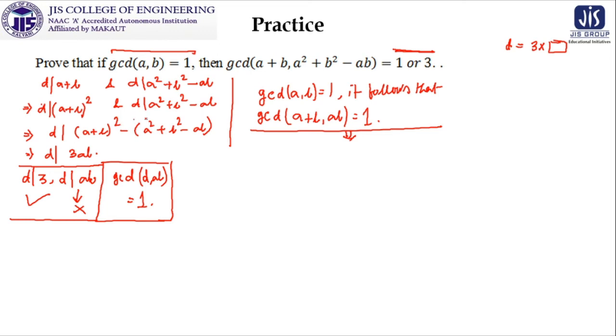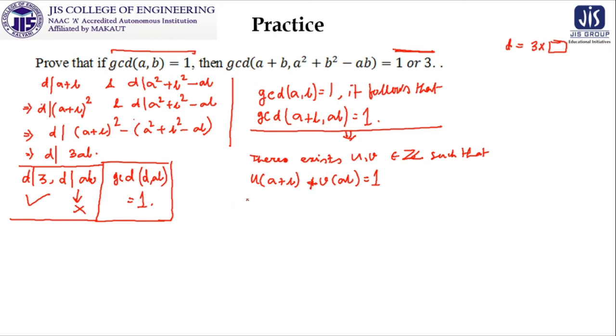Then we can write from this that there exist U and V from Z, obviously, such that U into (A plus B) plus V into AB is equal to 1. This is the representation of GCD.